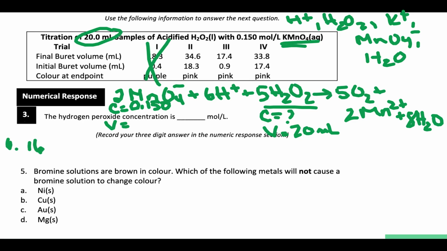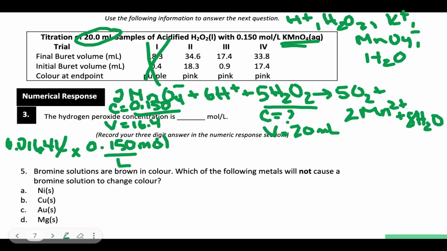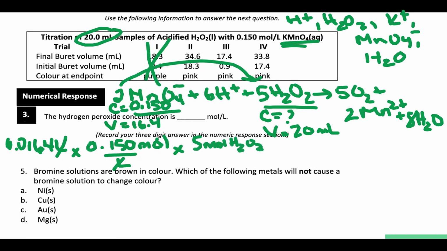16.4 mL, so 0.0164 liters. You want to multiply this by your concentration. So the average here was 16.4. I'm multiplying by my concentration so that liters can cancel. And I now am at moles of my known, and now I can use the mole ratio to turn it into moles of my unknown. So that is 5 moles of H2O2 over 2 moles of your MnO4.